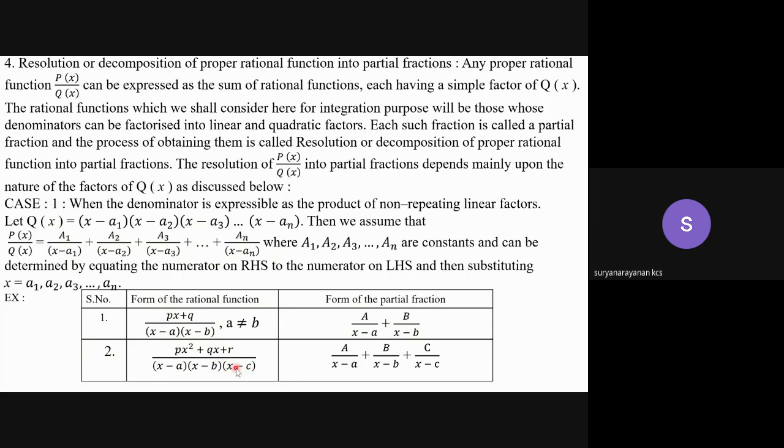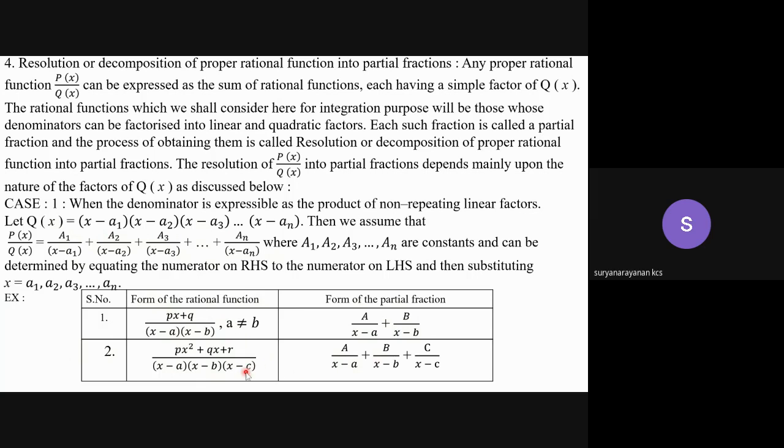How many partial fractions can be written? Corresponding to every non-repeated linear factor, we write one partial fraction. Here x minus a is a non-repeated linear factor, so we wrote one partial fraction A by x minus a. The second linear factor is x minus b; corresponding to this we wrote another partial fraction, capital B by x minus b.